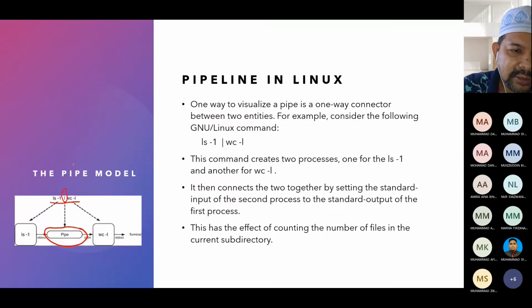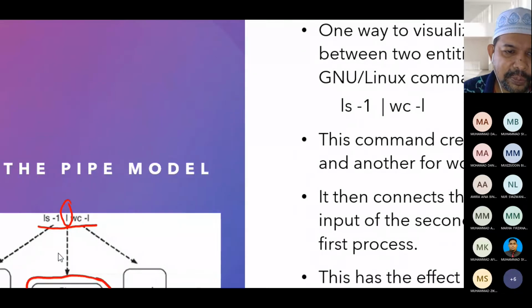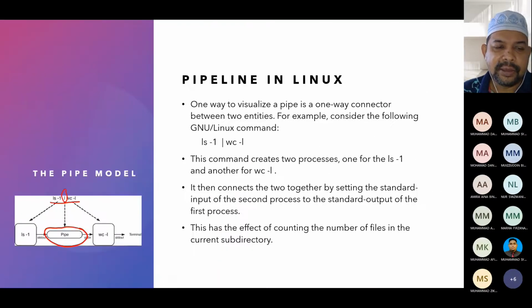Kecil ya, kalau saya zoomkan nanti dia tak kena dia punya tempat. Command. Okay, so kalau kita nak combinekan tiga proses, so kita akan ada two pipes. Betul? So kalau kita nak combinekan 4 proses, kita akan ada 3 pipe.